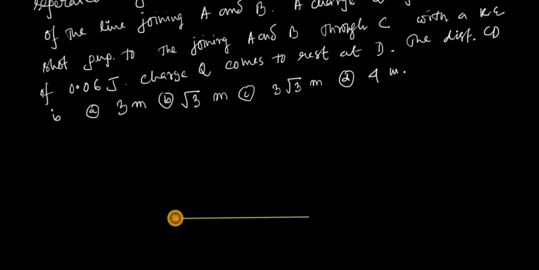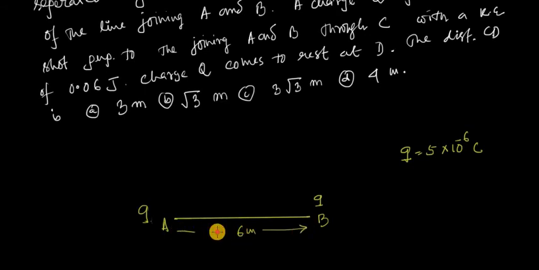This point is called A and this point is called B. There is a charge QA, and there is a charge QB. These charges are all equal, so they are all Q, and that Q is 5 into 10 to the power minus 6 coulomb, because it's 5 microcoulomb. The distance AB is given as 6 meter.